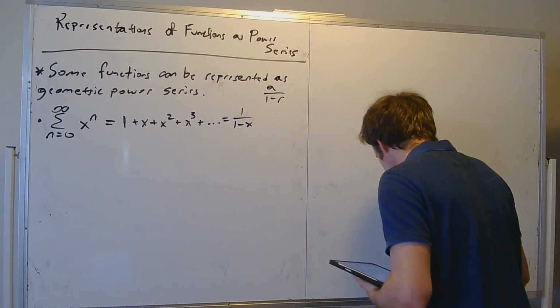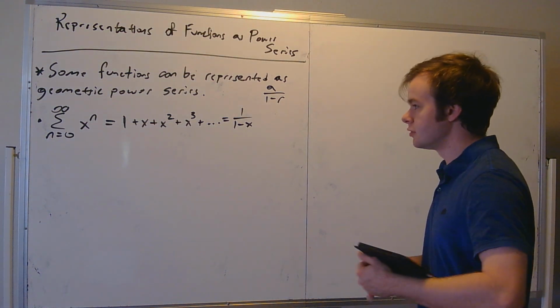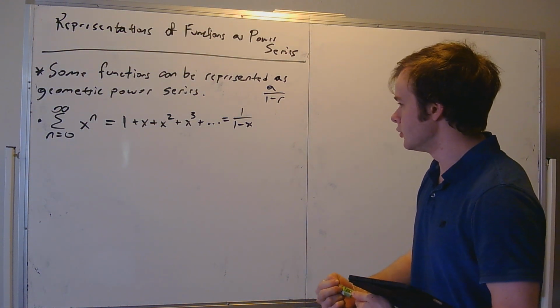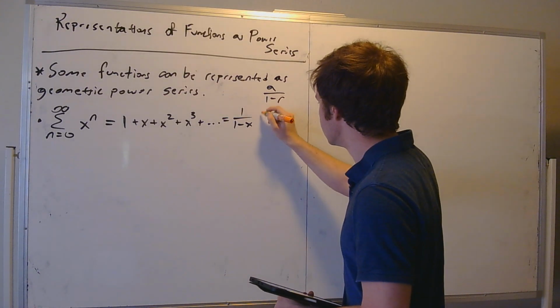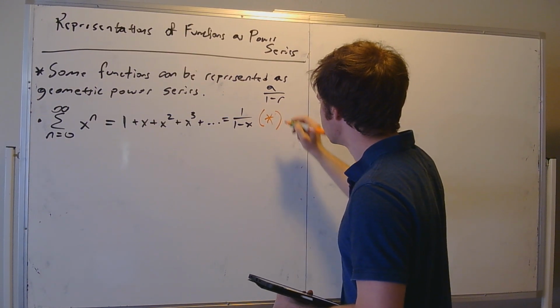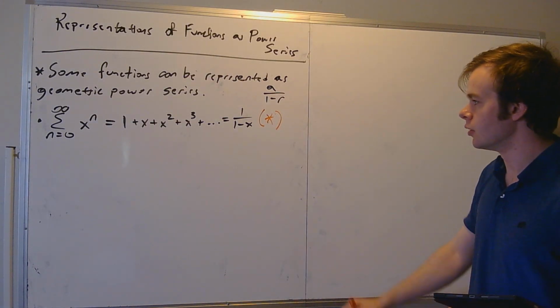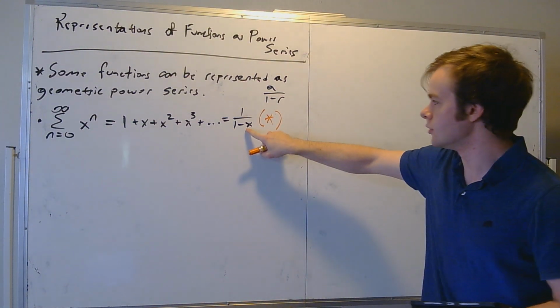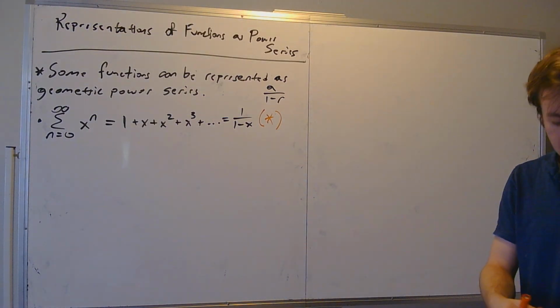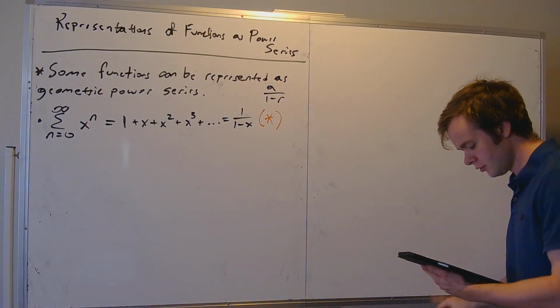And for this section, everything is built off of this one equation. This is the most important equation to remember for this section. It's just that if you have this sum, it's the same thing as 1 over 1 minus x, and we're going to use that.